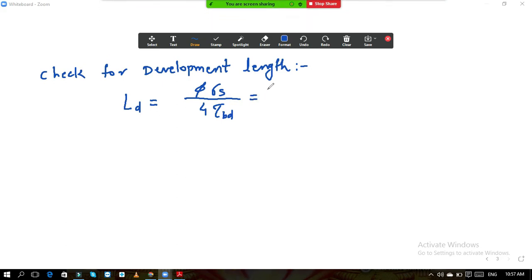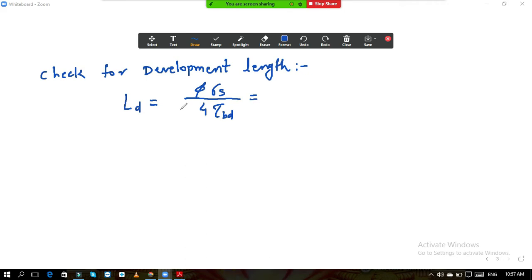Now what is the value of this? As you know, tau BD is 1.2, but we need to increase it by 60% when it is provided in the tension zone. So it is 1.2 into 1.6, that is the increment by 60%.